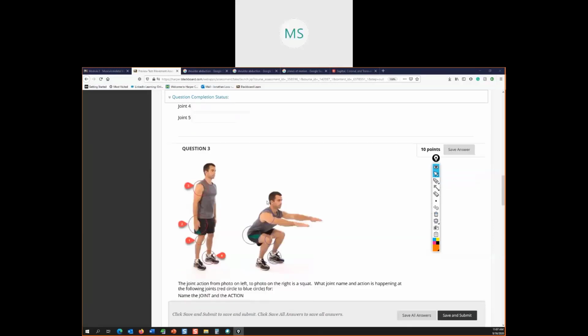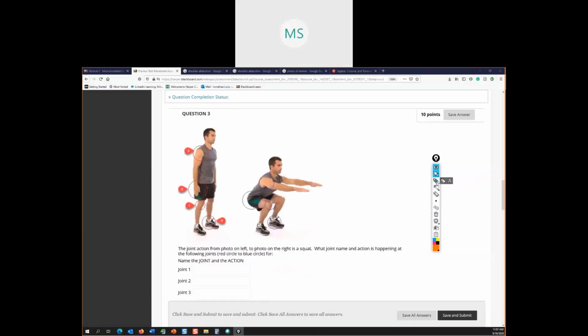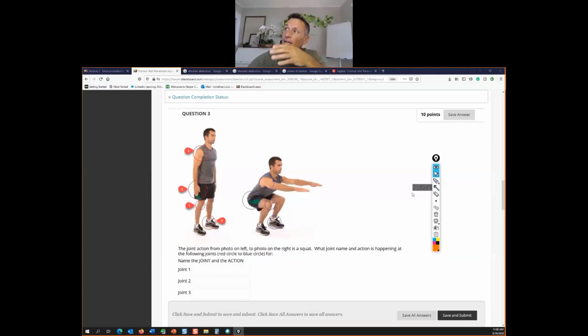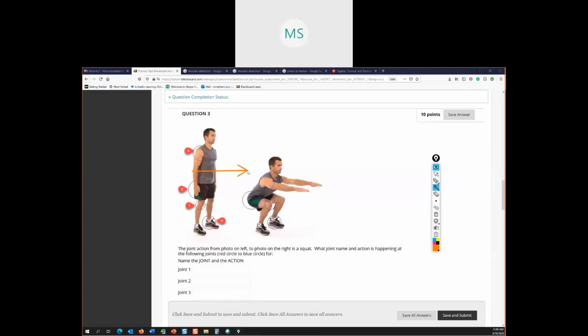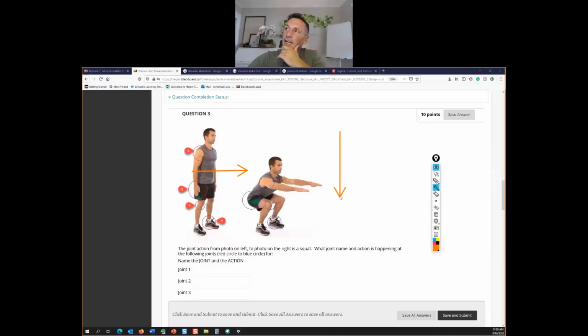With his arms moving forward out, is that still shoulder abduction? For which one? Question number 3 or question 6? Question 3. Okay, so in this case, his arms looked like they went more forward. Yeah, so that would be shoulder flexion. Okay. All right, and now let's answer this. If that's shoulder flexion, his arms went forward. Gravity is down.